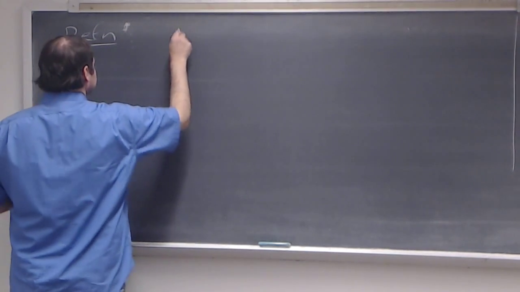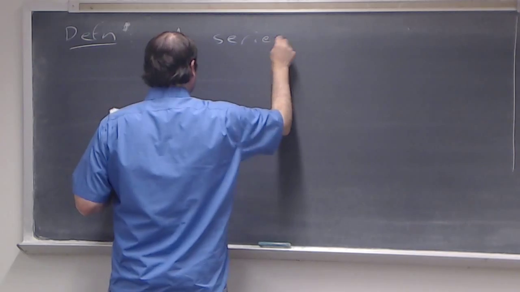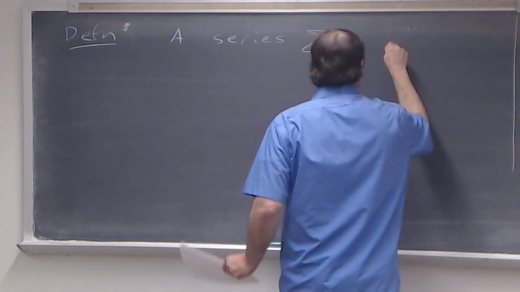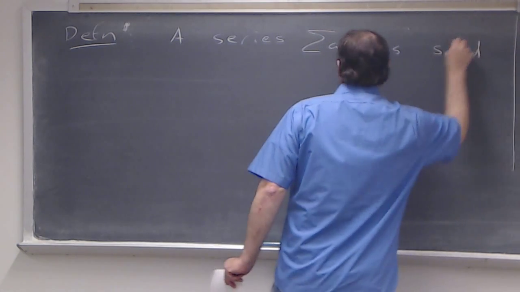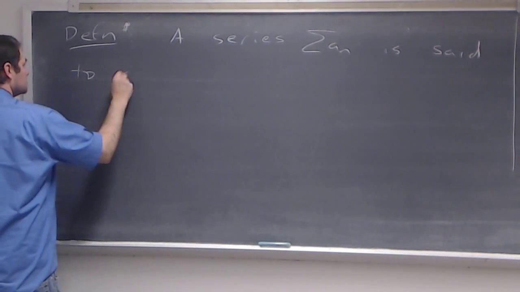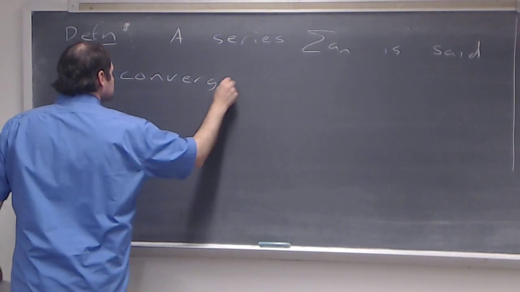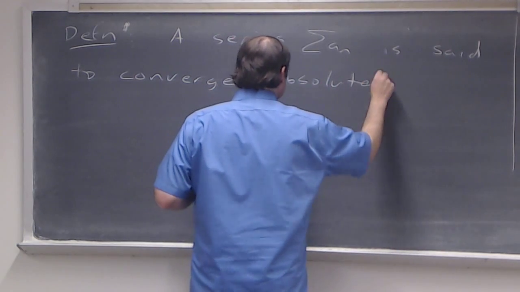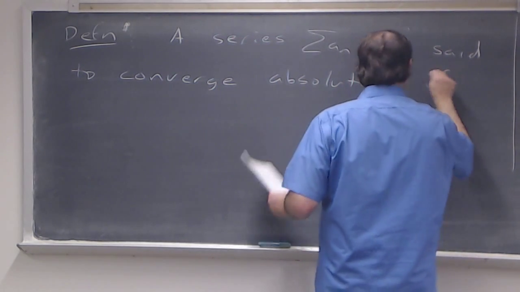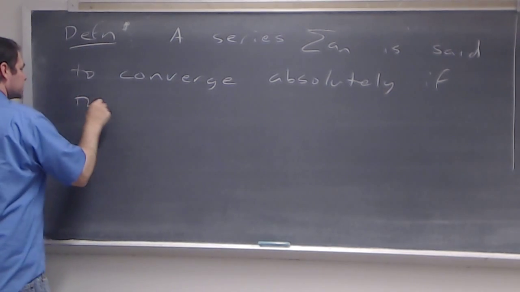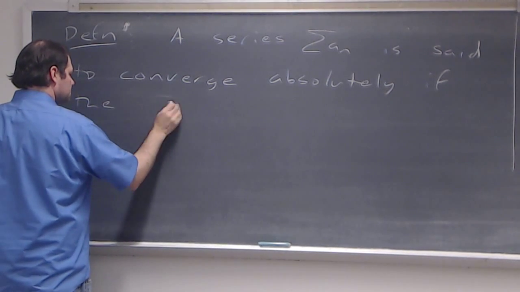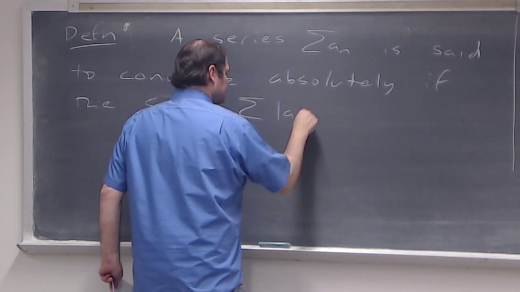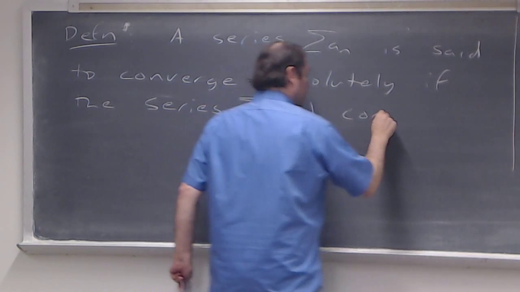Our definition: a series, the sum of a sub n, is said to converge absolutely if the series, the sum of the absolute value of a sub n, converges.